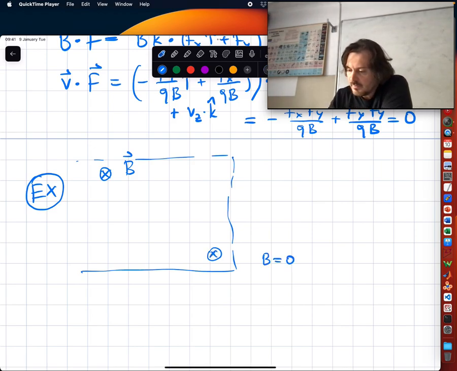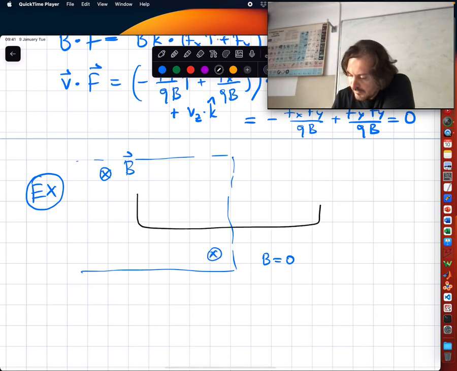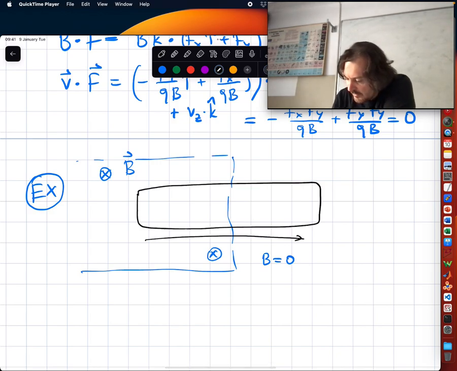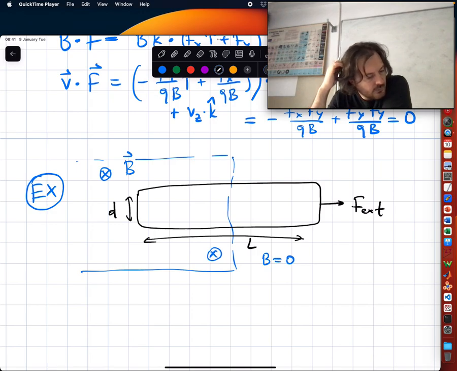Then I have a loop like this, and the length of the loop is L. The distance over here is d, and I'm pulling it with an external force. And the force is constant. Find the speed of the loop as a function of time before it leaves the magnetic field.